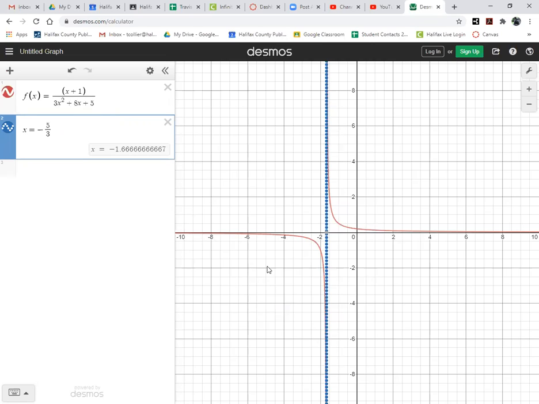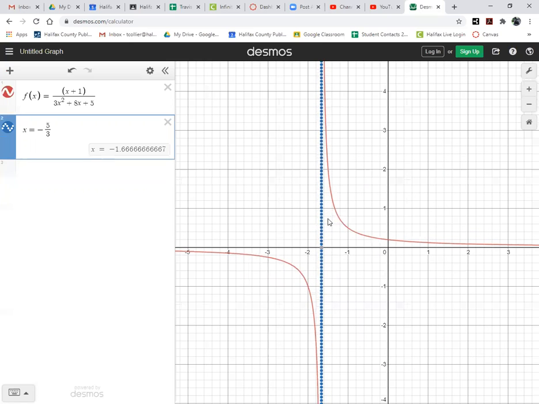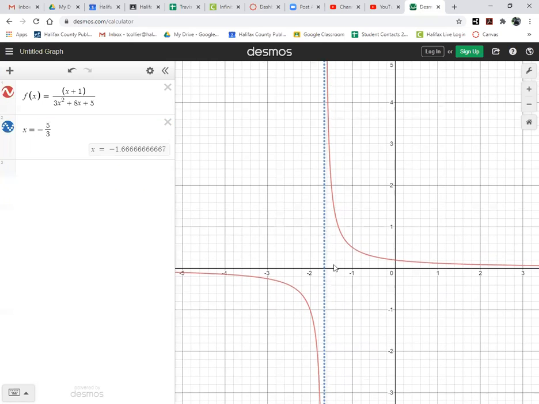So what happens when x gets closer and closer to -5/3? Well, -5/3, that's basically like -1.666 repeating. So if I look at this and I zoom in, as the graph gets closer and closer to this -5/3 value right here, the graph starts to go a little bit crazy. From the right side, what you notice is the graph just shoots straight up.